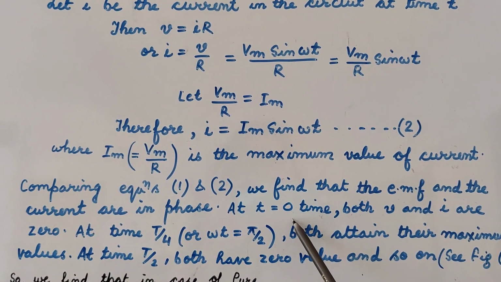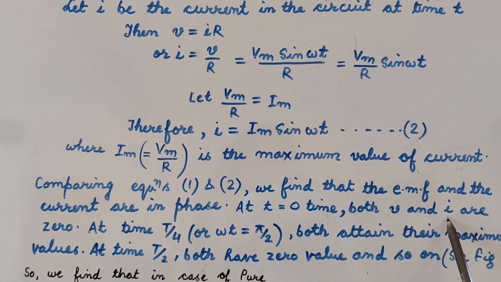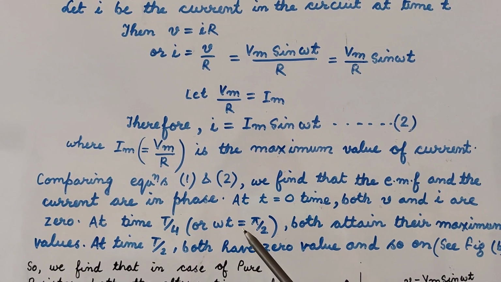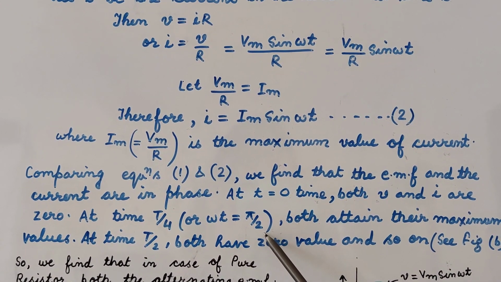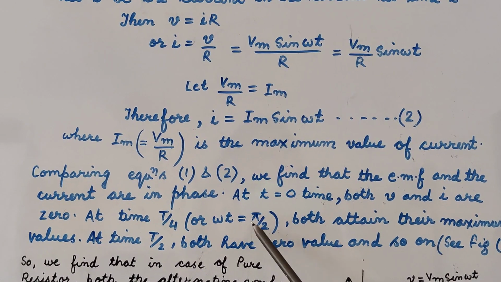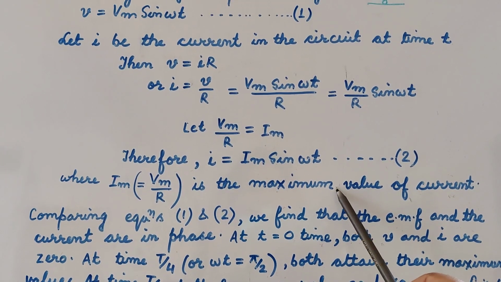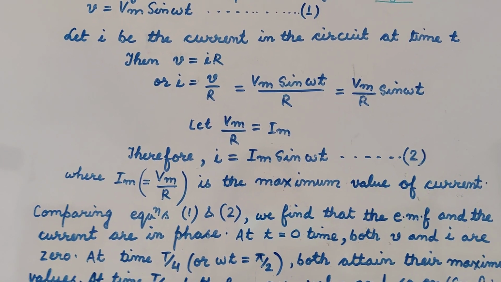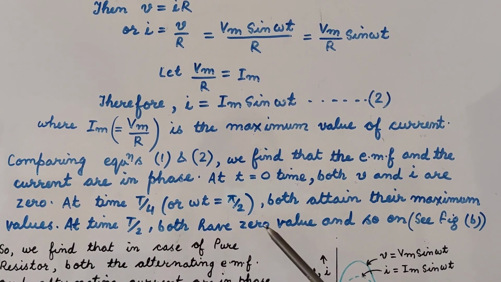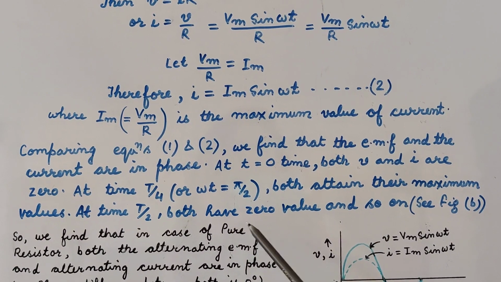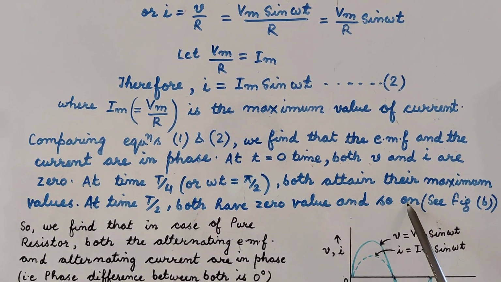At time t is equal to 0, the value of the alternating voltage and the alternating current both will be equal to 0. Similarly, at time capital T by 4 or omega t is equal to pi by 2, that is, at omega t is equal to 90 degrees, the value of current will be maximum and the value of voltage will also be maximum. Similarly, at time capital T by 2, both the voltage and the current will have 0 value, and so on.